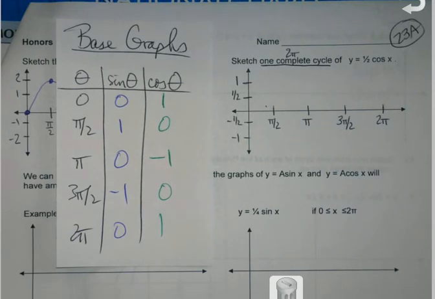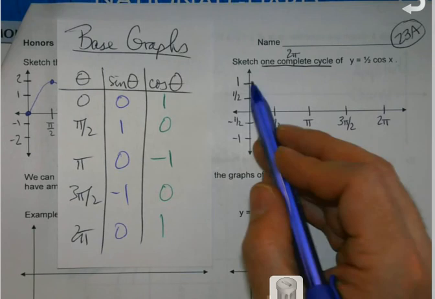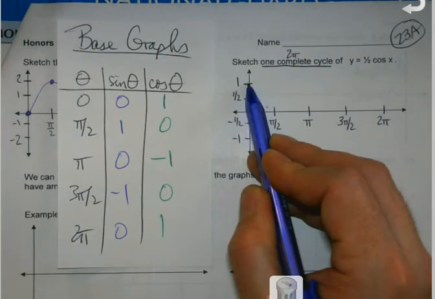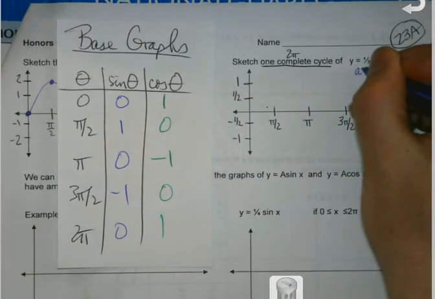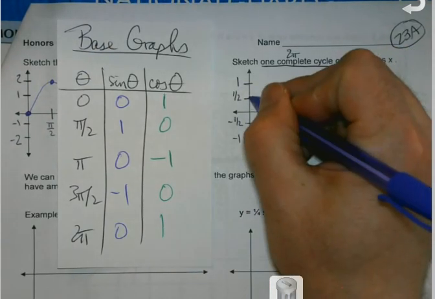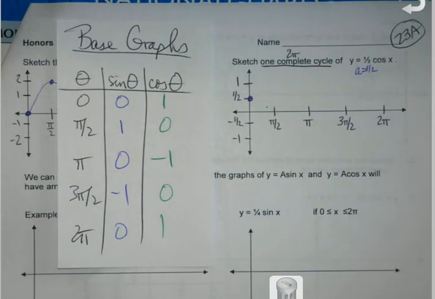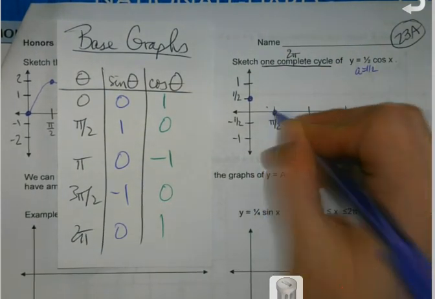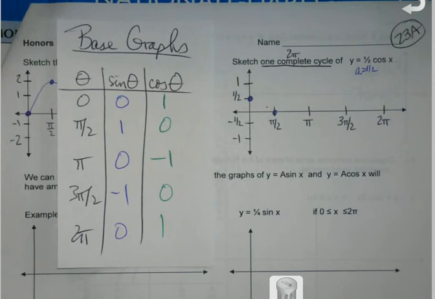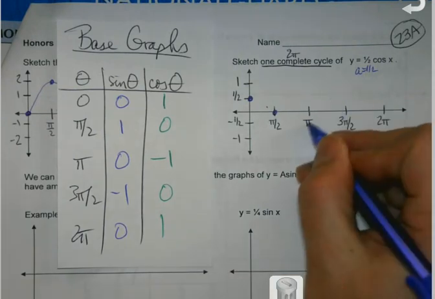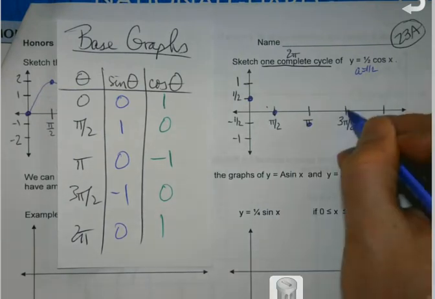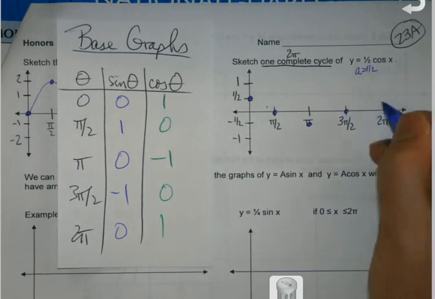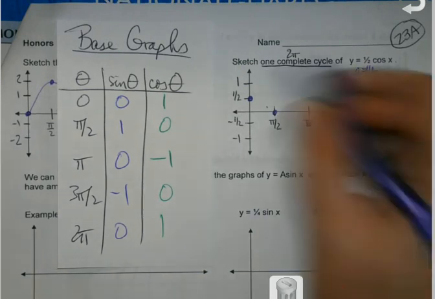And again, cosine starts at 1, but I'm multiplying it by a half because that's my amplitude. So I'm going to start up here at a half. At pi over 2, we end up down at 0. Okay, 0 is not going to move when I'm doing an amplitude. Then we go down to -1/2, back up to 0, and then multiply by that half to come back up.